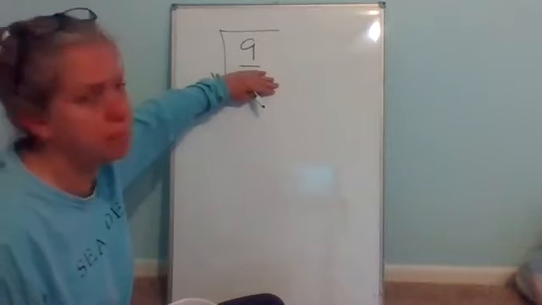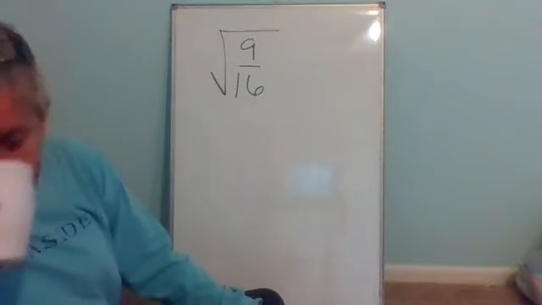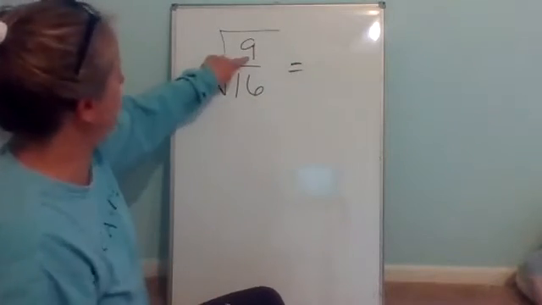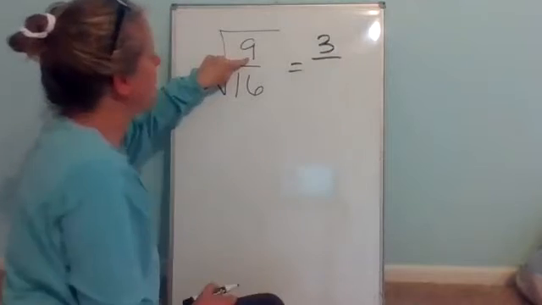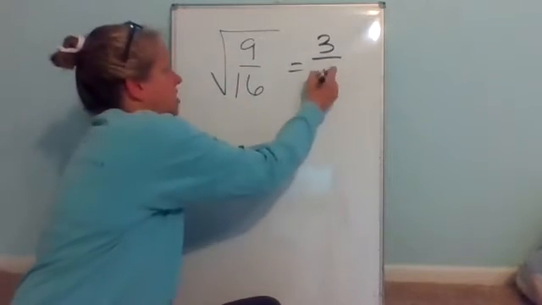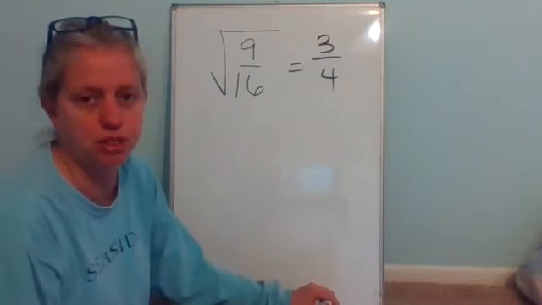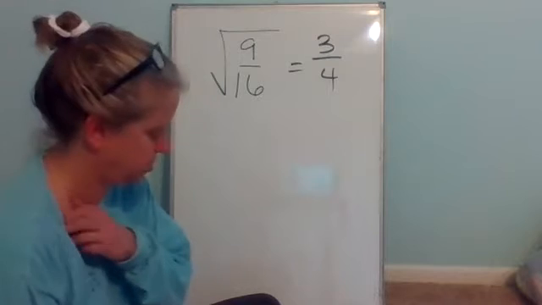You just think of the top and the bottom separately. So in other words, take the square root of the 9. What times itself is 9, which just gives you 3. And the square root of 16, or what times itself is 16, which is 4. So just do them like separate numbers. So the square root of 9/16 is 3/4.